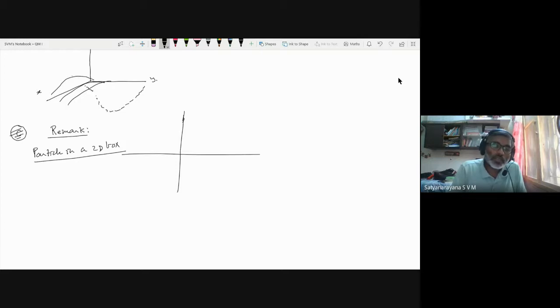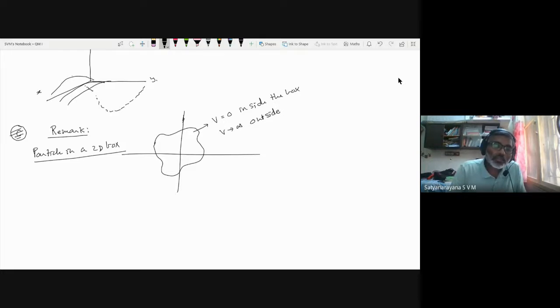Now you ask a question: if I have some box of arbitrary size and arbitrary shape, such that the potential is zero inside the box and infinity outside, can we solve this problem exactly? The answer is no.